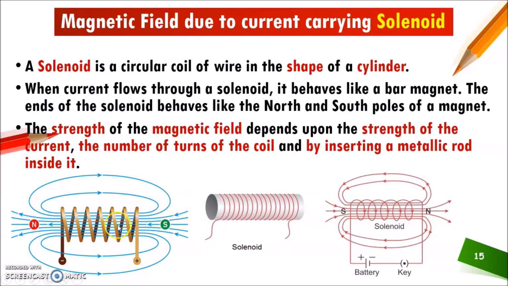If we want to change the strength of the magnetic field created by the solenoid, then we have to increase the strength of the current or increase the number of turns, or insert a metallic rod inside it. Is it clear, students? This is the most important point.